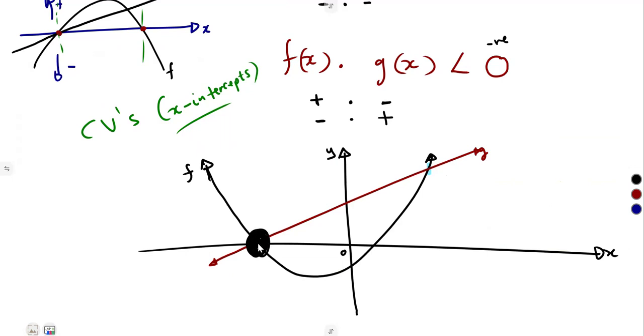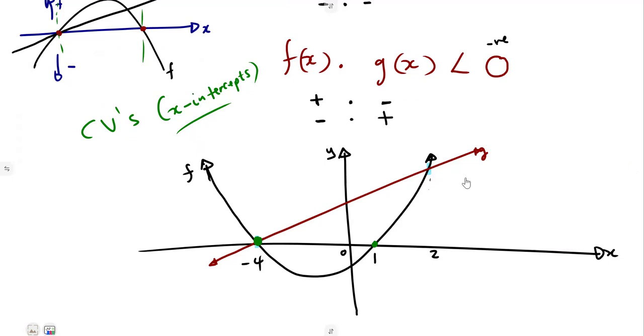Let's say this is -4, and here it is the x-intercept only for the parabola, the quadratic function. Let's say that is 1. Even if we knew the value at the intersection, maybe it is a 2, a 3, whatever you have there, it is not important. What is important in our case, the critical values, are the x-intercepts, -4 and +1.